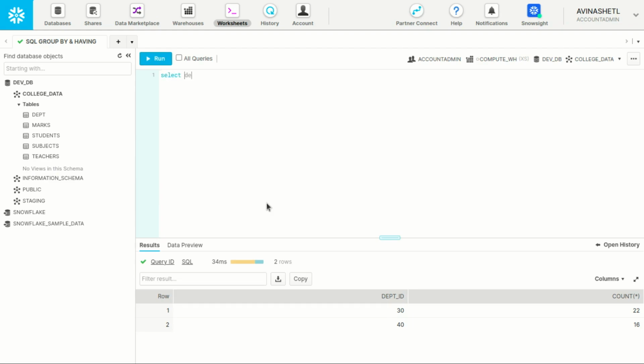Select, as we need for every department, so we need to select DEPT_ID. And we also need the number of students, so we will use count star, from table name. We need to group it based on DEPT_ID.